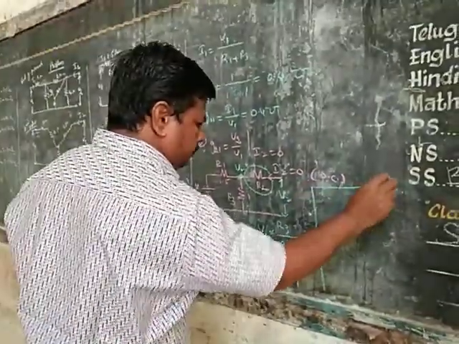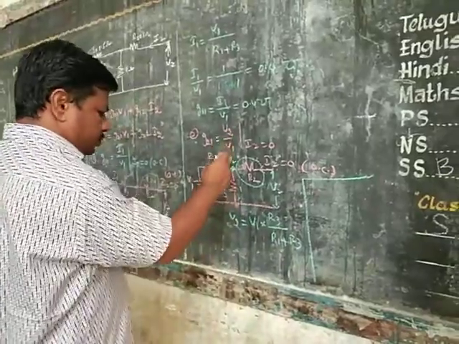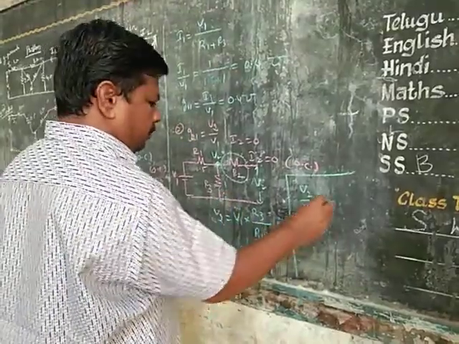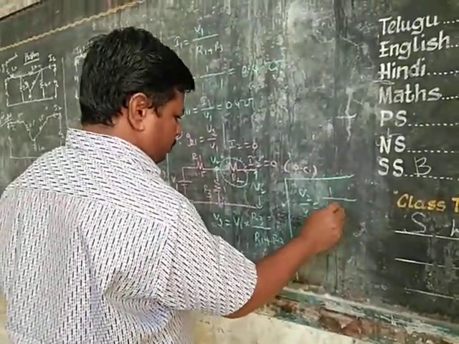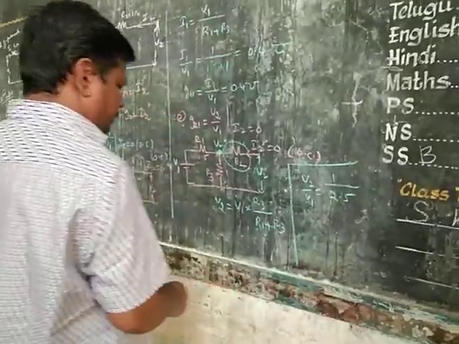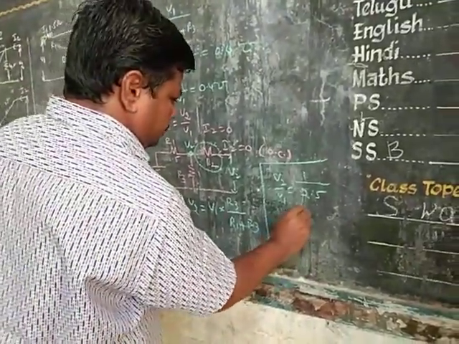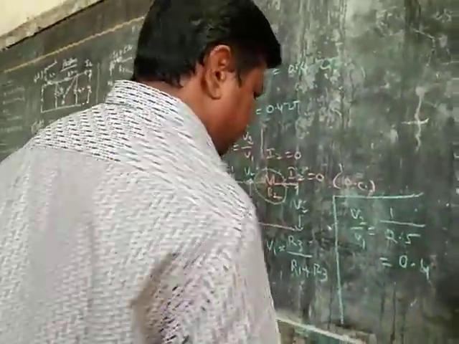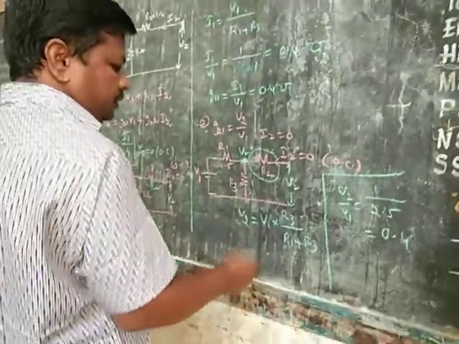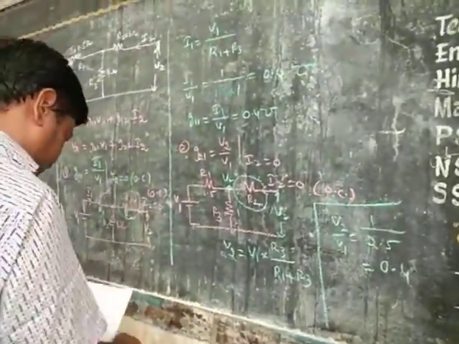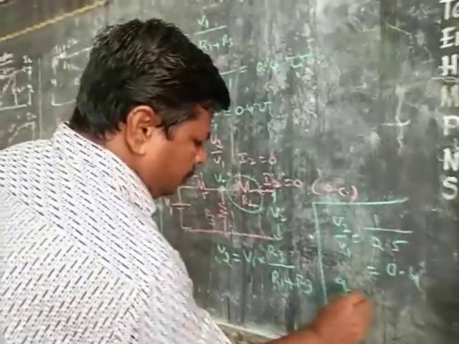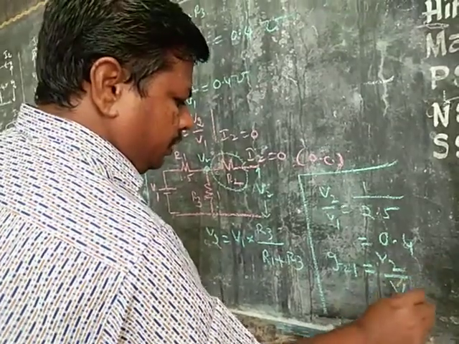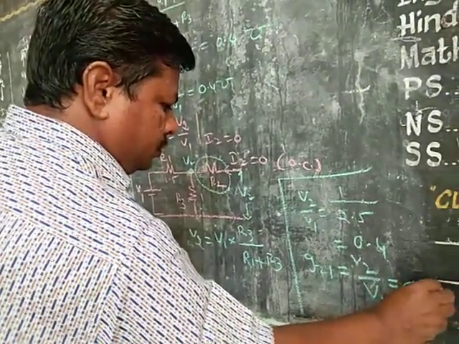Then V2 by V1 is equal to R3, 1, by 2.5, that is equal to 0.4. So finally, G21 is equal to V2 by V1, that is equal to 0.4.